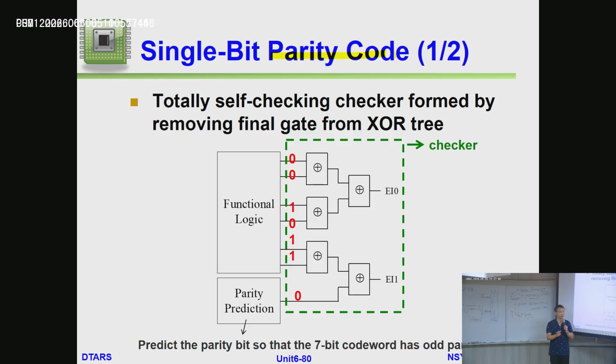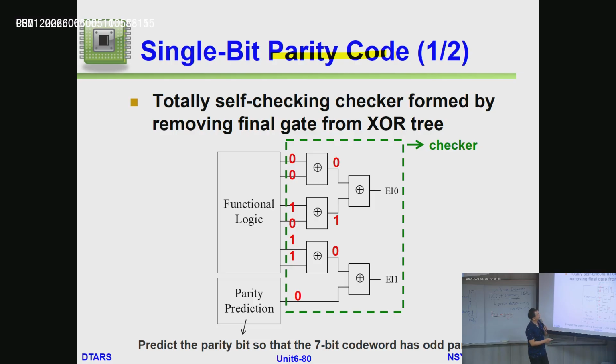We want to know if the circuit output is correct. Can we say its parity is always odd? So we use this parity bit to help us to say that. In this case, these 7 bits of output, we say the parity should be always odd. Then we can use this property to check if there are any errors in the functional logic.